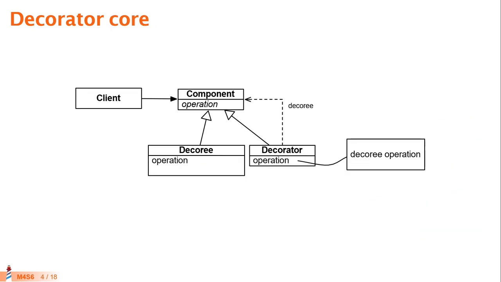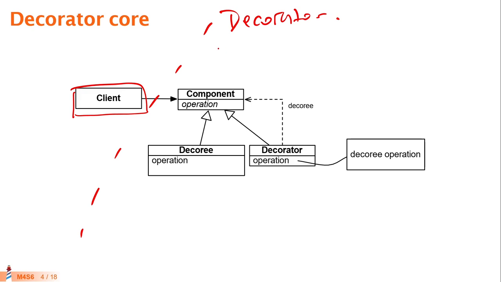Now, if we look at the main design of the decorator in UML, what we see is that we have a client. The client is the object that is going to use the decorator, and we have here the main decorator part. There is the decoree, which is the main object.